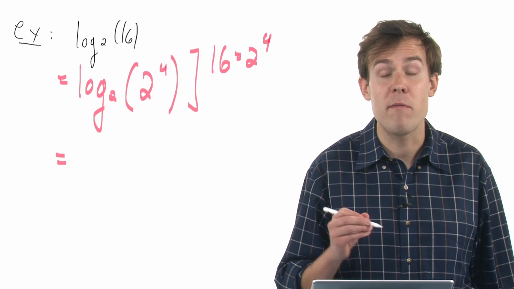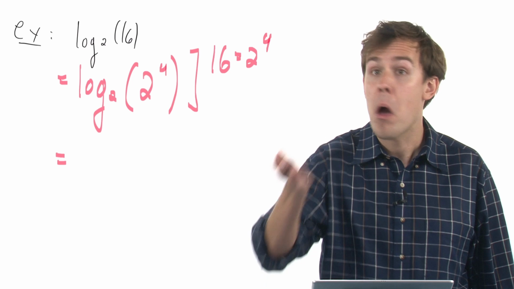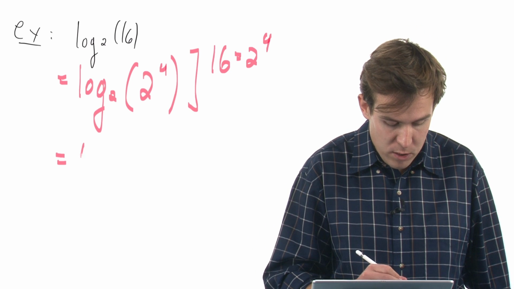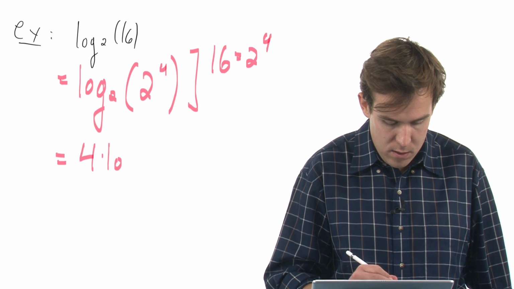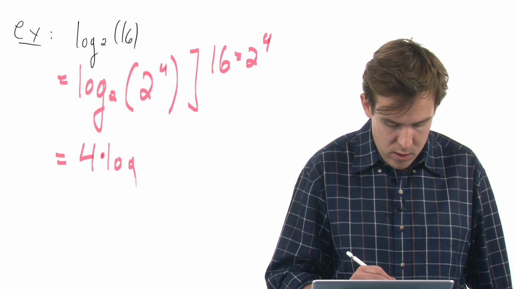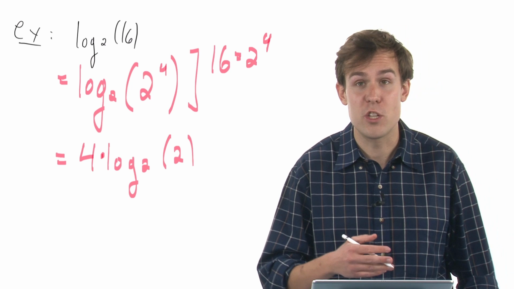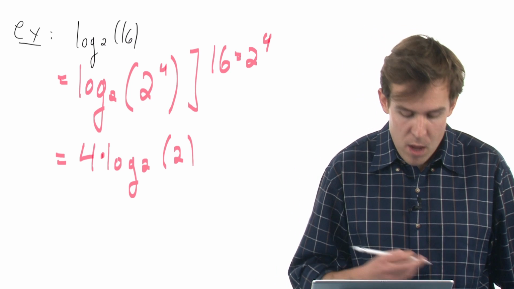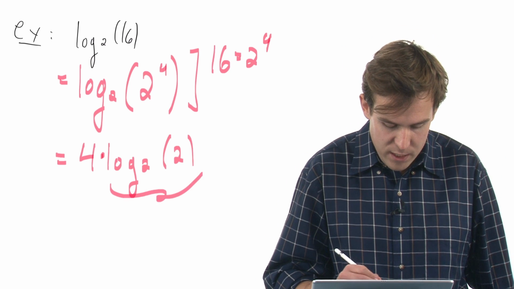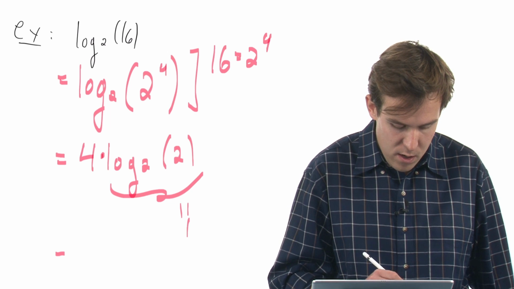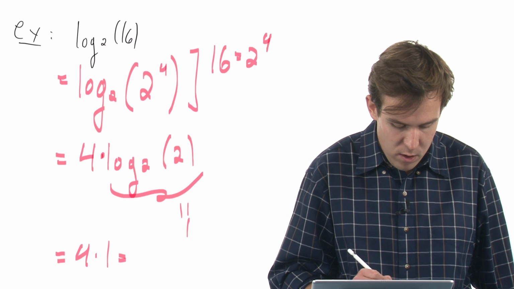Now I can play the game of I have an exponential inside a logarithm, bring down the power to be multiplicative out front. So it suffices to compute log base 2 of 2. It is a nice exercise to show that this is equal to 1. So I just get 4 times 1, so 4.